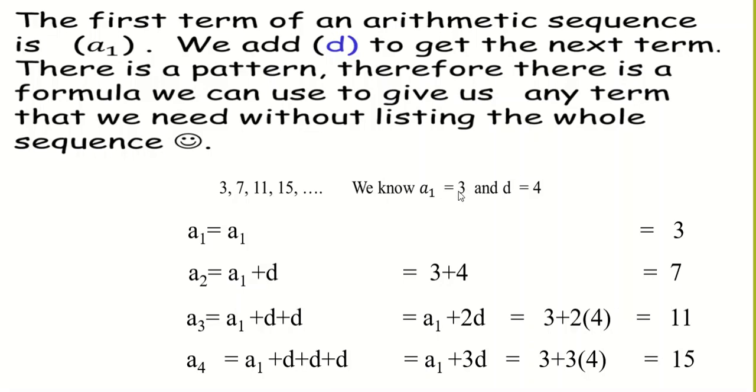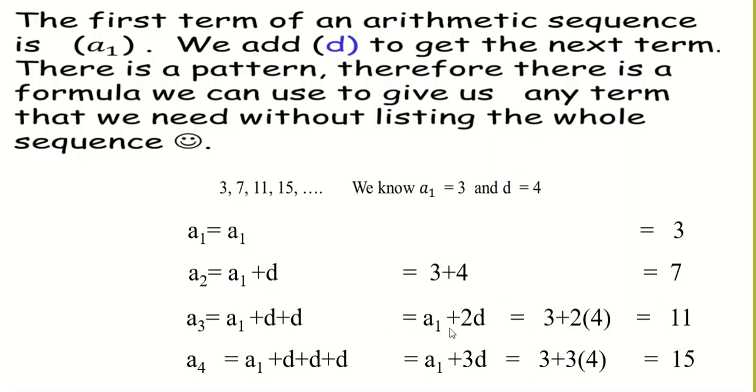3, 7, 11, 15, and so on is an example of an arithmetic sequence. The first term is 3 and the common difference is 4. Observe that from the first term going to the second term, we simply add the common difference. That makes it 7. On the third term, we simply have the first term plus 2 of the common difference.